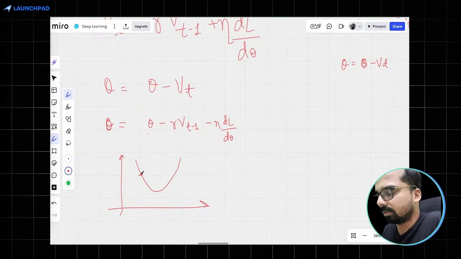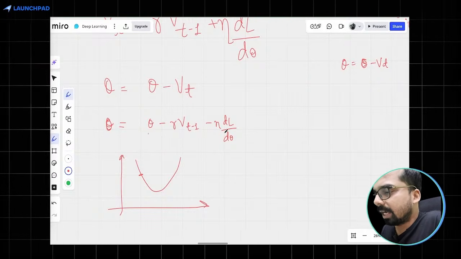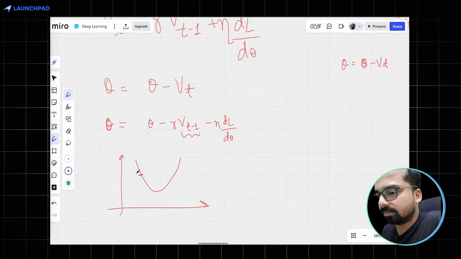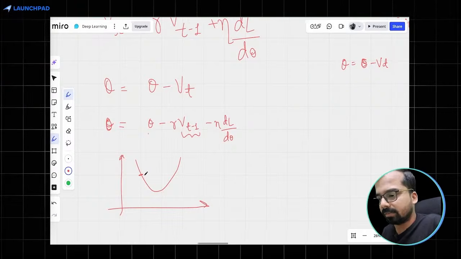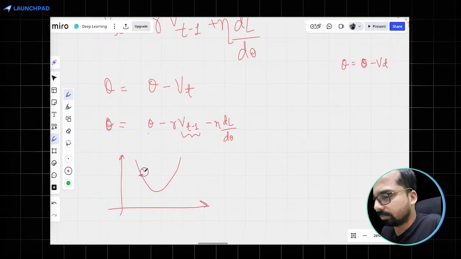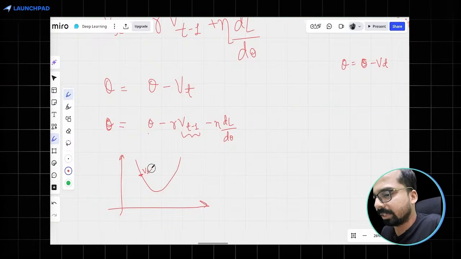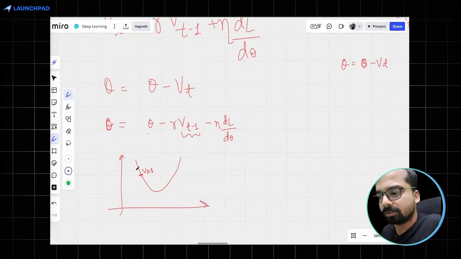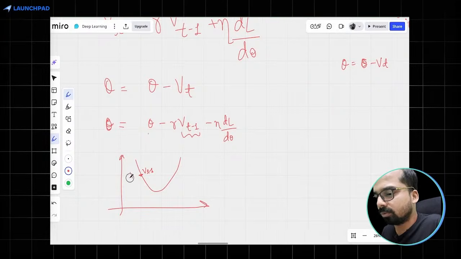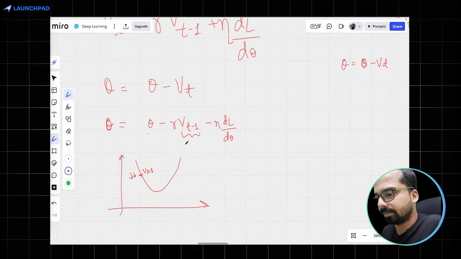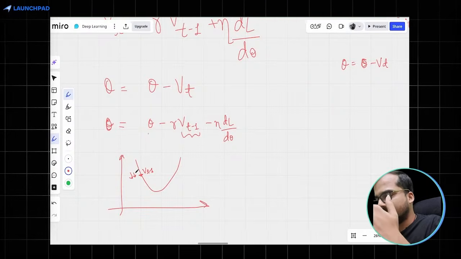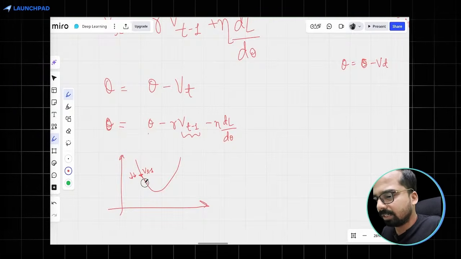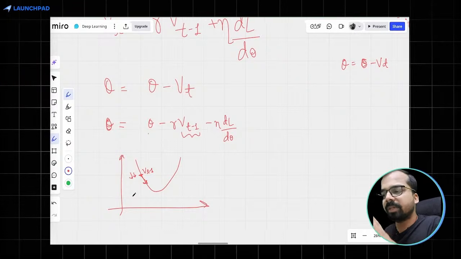This is a positive slope, right? So I have two things. One is the past accumulated velocity Vt minus 1, and another is dL by d theta, that is the current slope, right? Both are going downwards, both are saying, okay, move downwards. So the movement will be a combination of both of them.